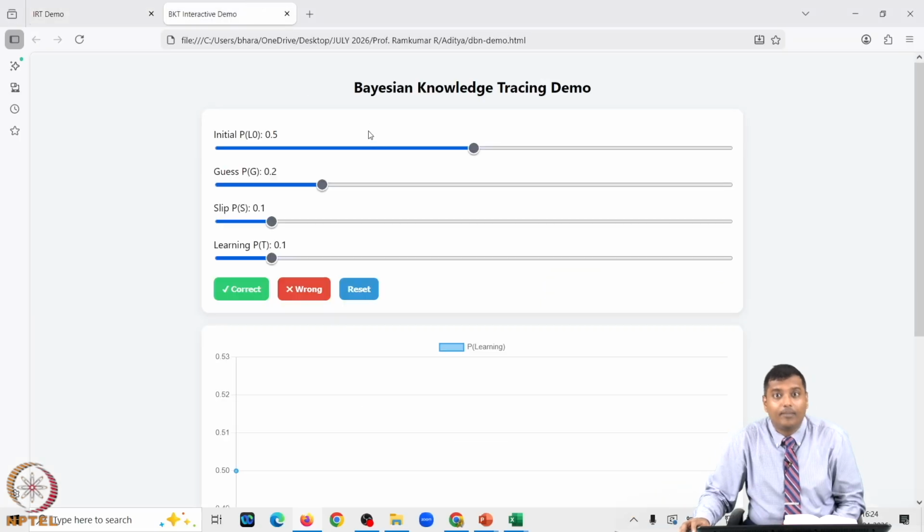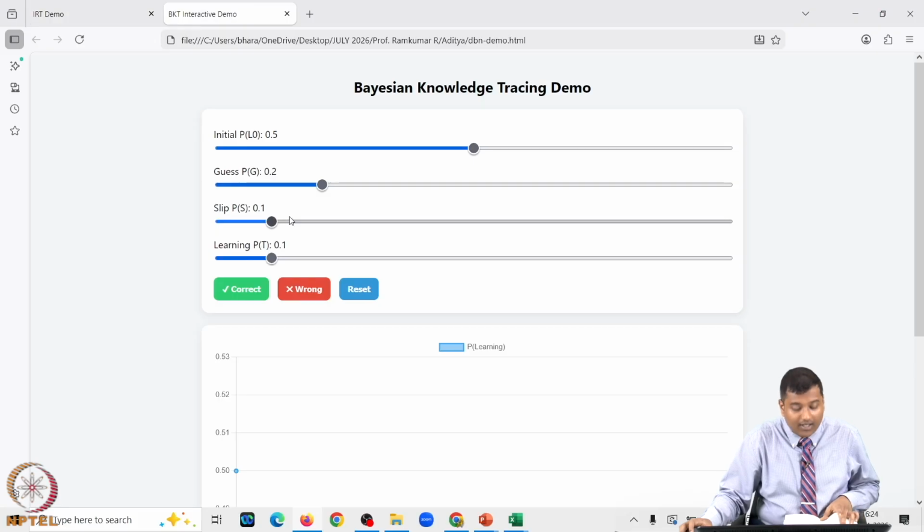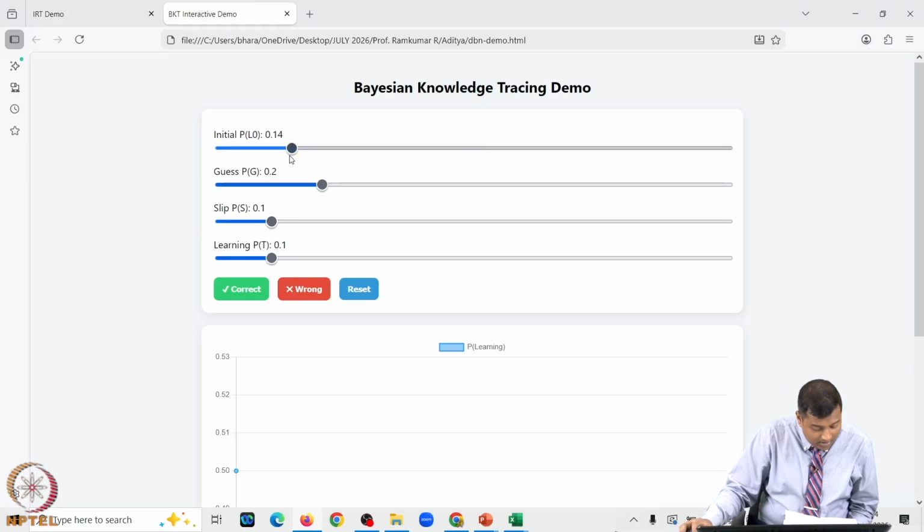So this is the Bayesian knowledge tracing demo. Over here we have the initial probability, guess, slip and learning. I'm going to keep the values the same so that you can understand how this computes. Earlier my initial knowledge was 0.3, my guess probability was 0.2, my slip was 0.1 and my learning was 0.15.